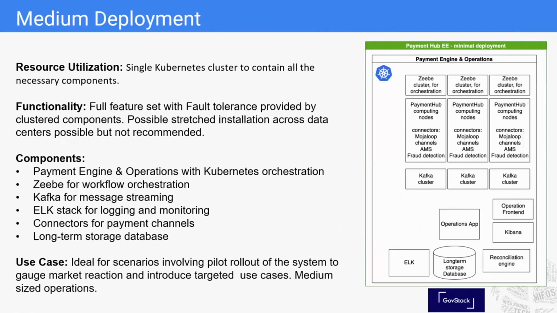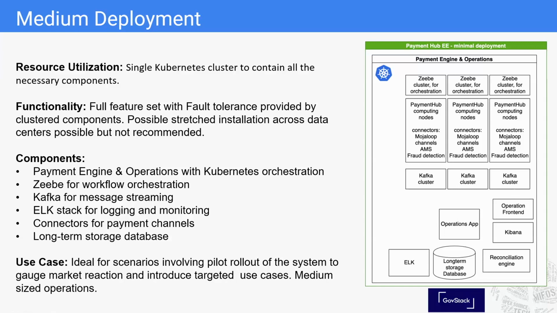Then we have the medium deployment. Again, a single Kubernetes cluster is there, and it contains all the necessary equipment. But here, as you can see, we have some backup requirements as well. So it would give you better throughput than the single node, as well as better availability.